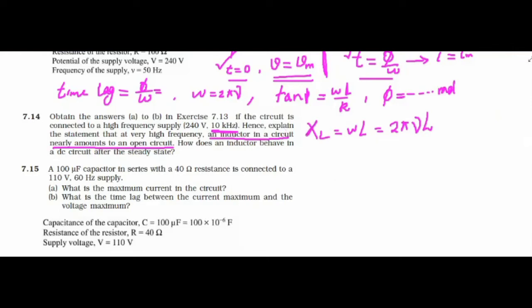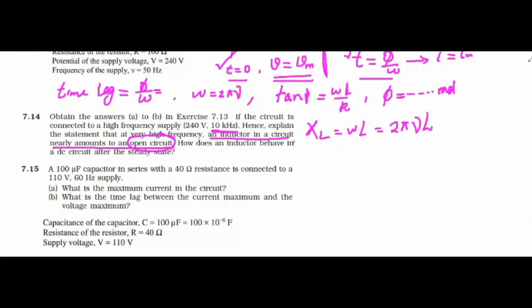That means the circuit gives very high impedance, in such a way that the current practically can't flow in the circuit. Because of that high impedance, we can say the circuit behaves as an open circuit. Practically, it cannot conduct.